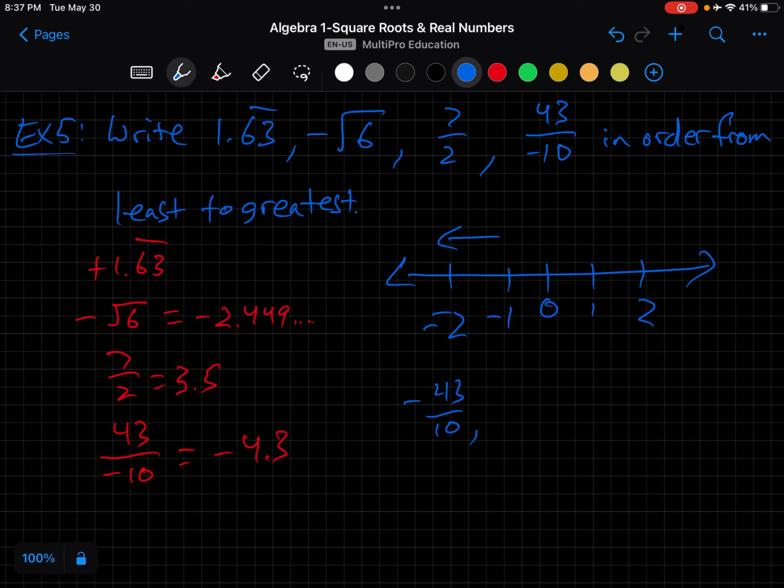So we'll say minus 43 over 10. Then the next minus we know is minus square root of 6. All right, now which positive number is smaller, 1 point something or 3 point something? That's right. It'd be 1.63 repeating, and then 7 over 2. All right, so that's from least to greatest. Great job.